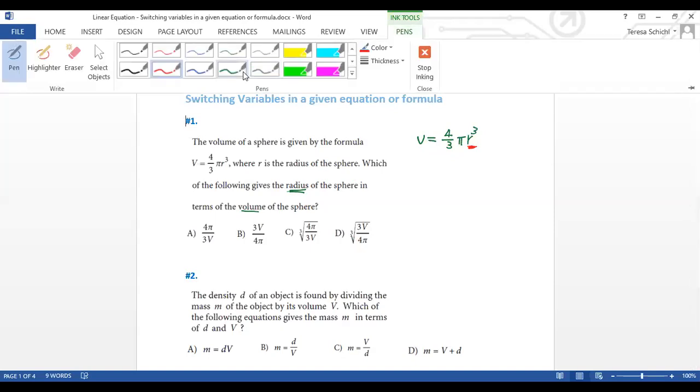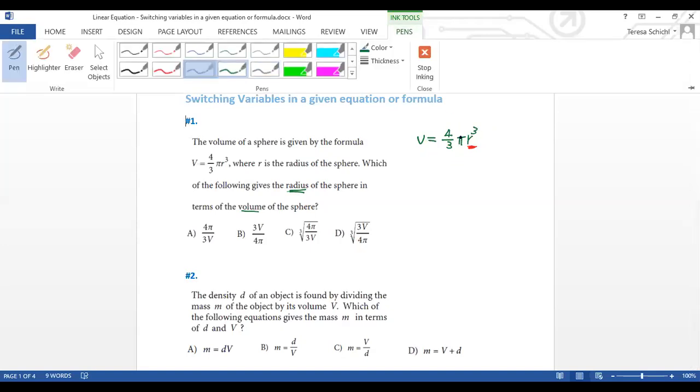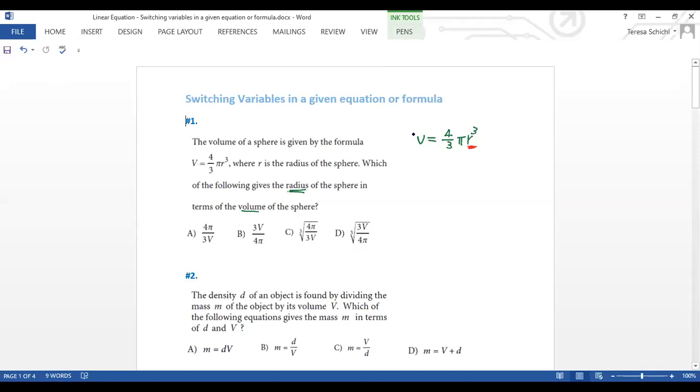So what I need to do is, just like we solved linear equations, I need to get rid of this fraction. So I will multiply by 3/4 on both sides. After multiplying by 3/4, the 4 and the 4 and the 3 and the 3 cancel.